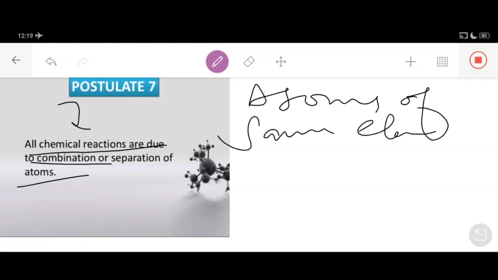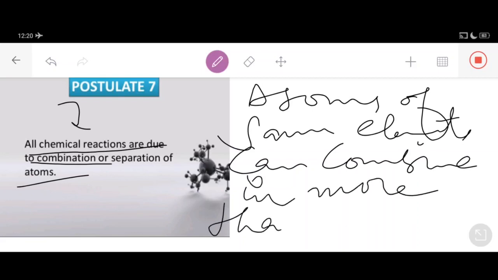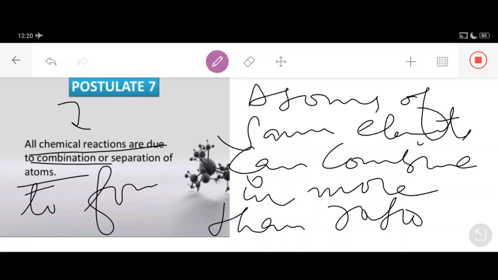Atoms of the same elements can combine in more than one ratio to form compounds. The sixth postulate was that atoms of different elements combine in simple whole number ratio to form compounds.